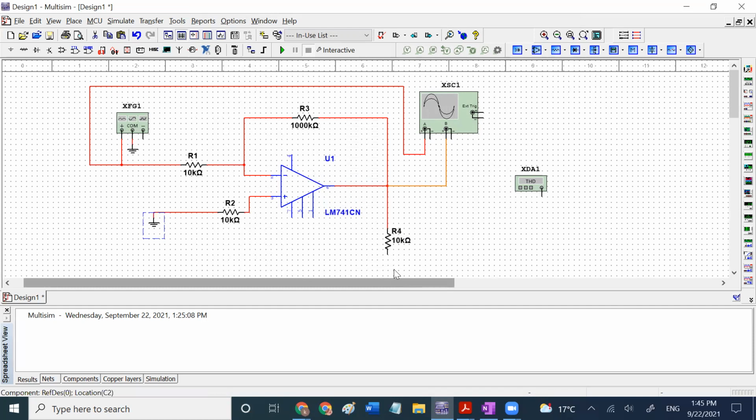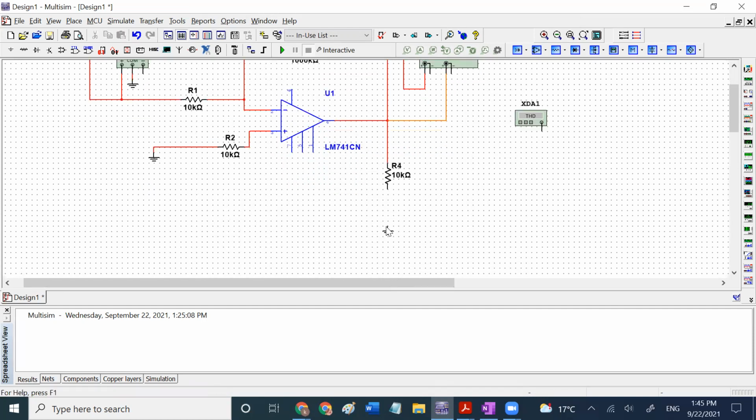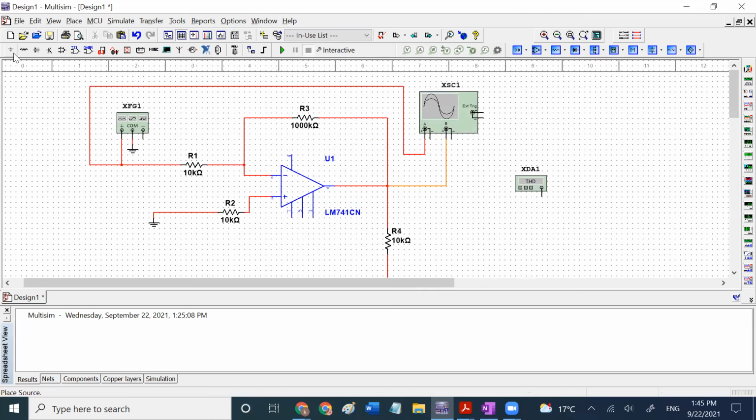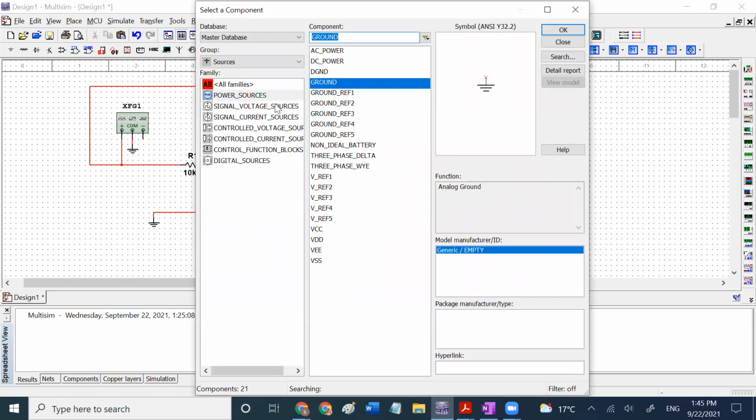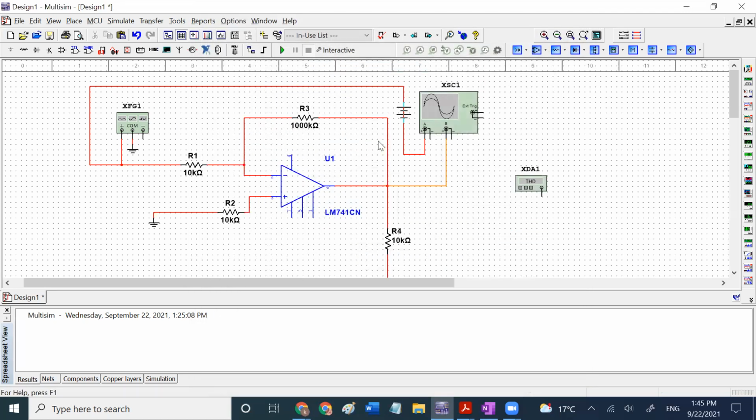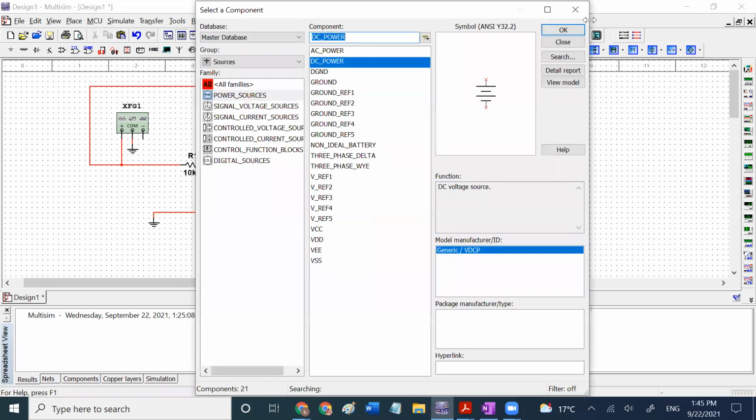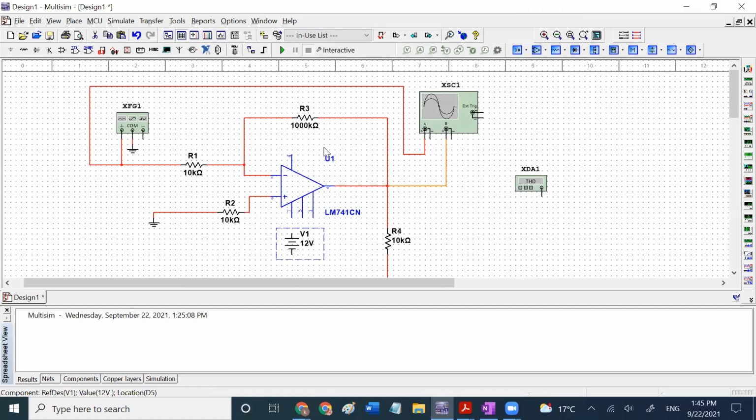We also need that from here. They could use VCC or VE to do it. Like this one, VCC, VDD, VE, those are possible to do. But I will just show the basic way. There's really no wrong way to do it.